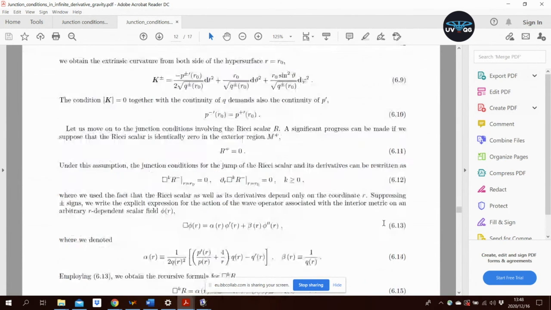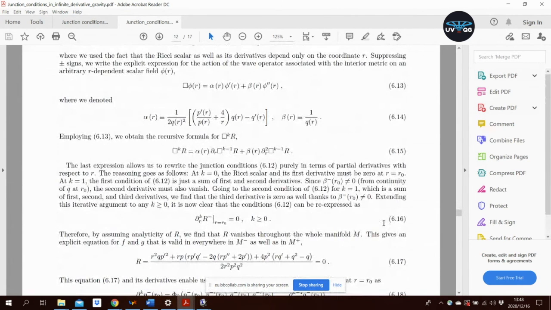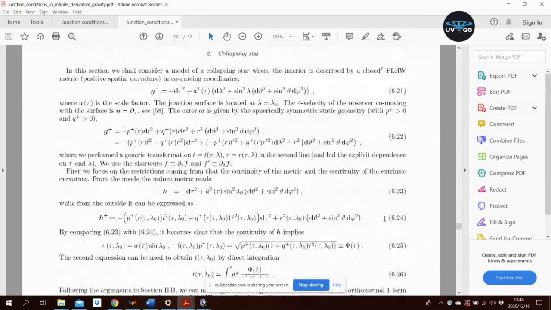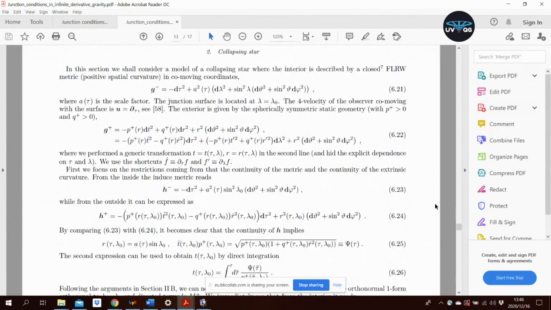That's why we chose a simple example that you can see very easily. And the same with the collapse. What we obtain is basically a no-go theorem, that if you want to describe more interesting situations, then your exterior cannot be sparse. So probably when we try to find new solutions of the theory that actually take this non-locality into account, it will be good to relax the Ricci scalar vanishing in the exterior.